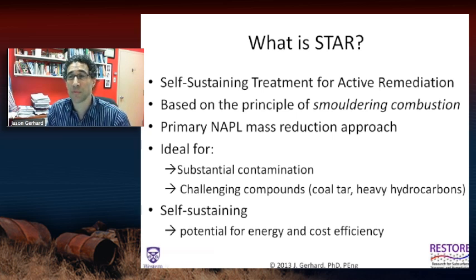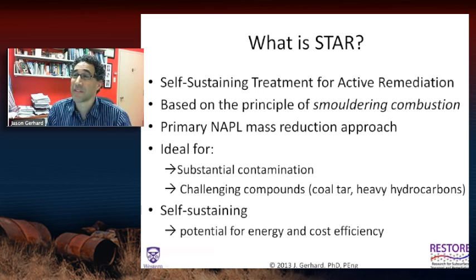So it might need to be coupled with a follow-up treatment technology, say a treatment train, maybe bioremediation, to do a polishing step. But really it's ideal for when you have a lot of contamination, obviously when it's NAPL, and when they're very heavy hydrocarbons, such as coal tar, such as creosote.